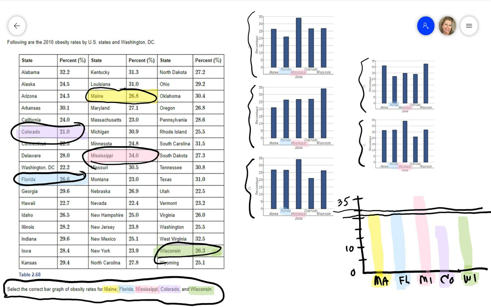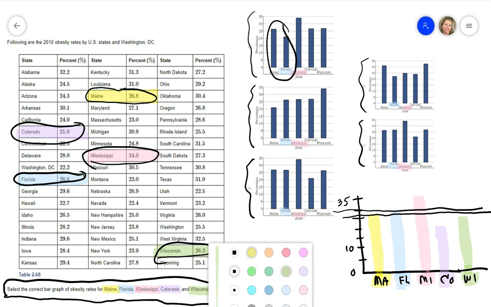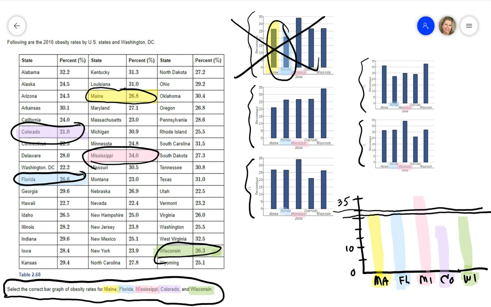So I'm now going to start comparing all of these graphs, and right off the bat, the first one, which is right here, their yellow is higher than their blue, which isn't right, so that one's out. And then the next one, the yellow for Maine here looks like it's at about 21.